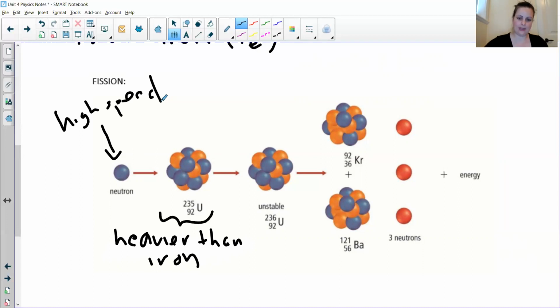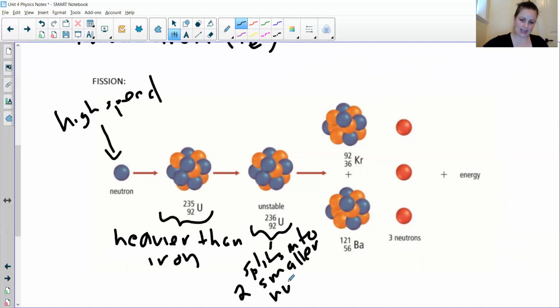Okay, so it's unstable, so it splits into two smaller nuclei, just the plural form of nucleus. So we call these the daughter products.